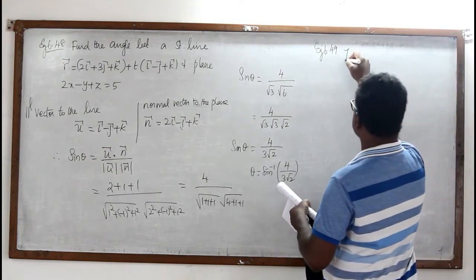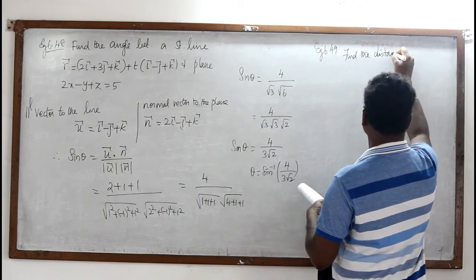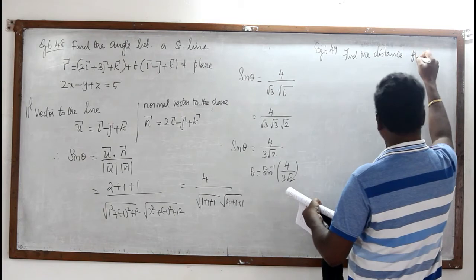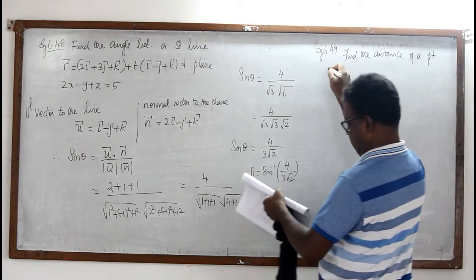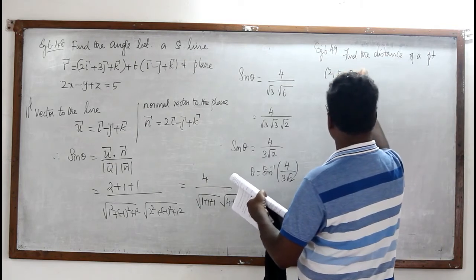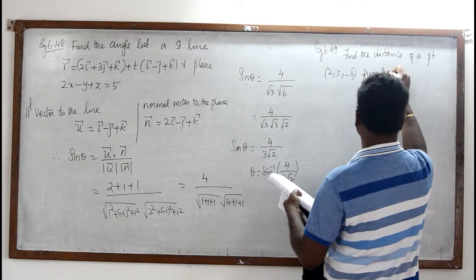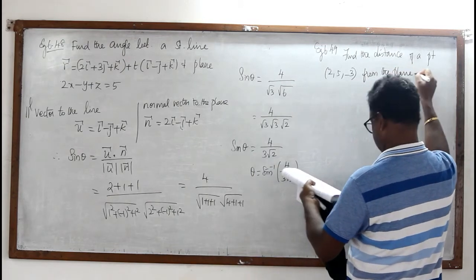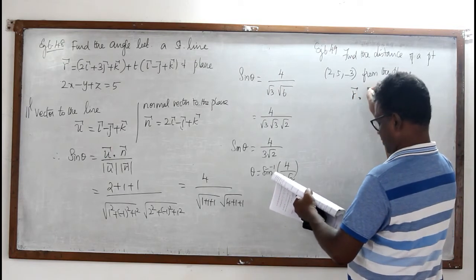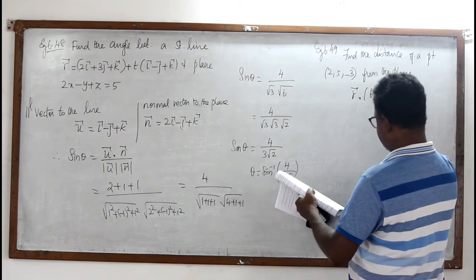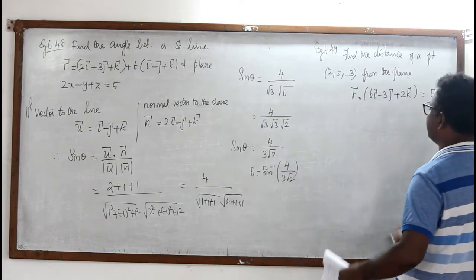Find the distance of a point 2, 5, minus 3 from the plane r dot 6i minus 3j plus 2k equal to 5.